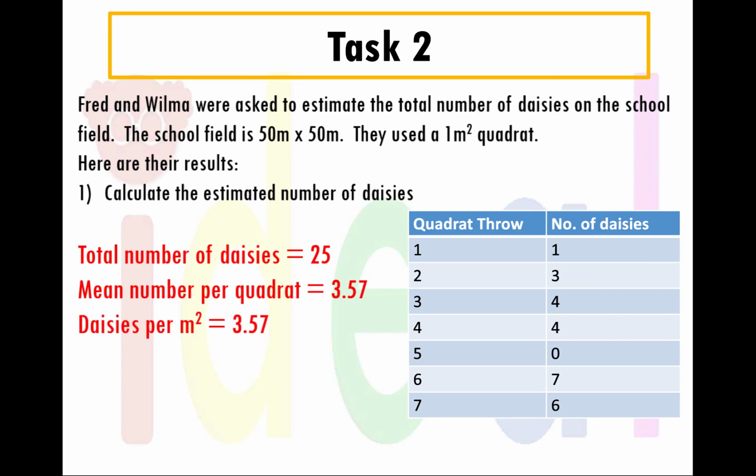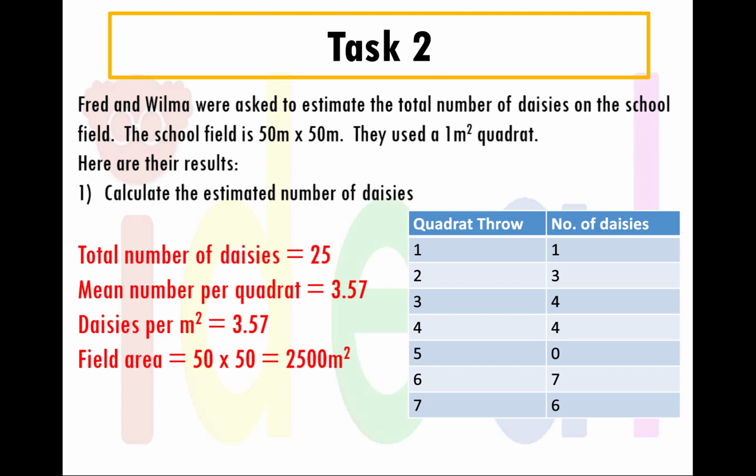Once you've done that, we know that there's this many daisies per metre square because this quadrat is a 1 metre square quadrat. Then you needed to calculate the field area. Now the area, it was 50 metres by 50 metres, so you needed to do 50 times 50 and you got an answer of 2,500 metres squared. Now remember, that is the area of the actual field.